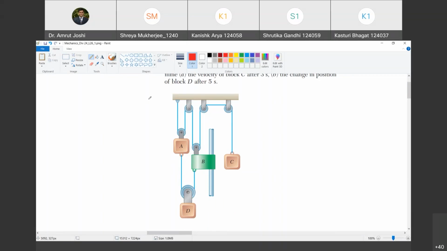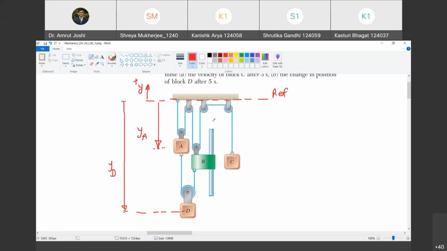Okay. Yes, sir. All the blocks, everything is moving in the vertical direction. So I need only one reference line. This becomes my reference line. Are you with me? Yes, sir. And this Y is going to be positive. This is the position of block A, YA. This is the position of block D. I'm going to call it YD.